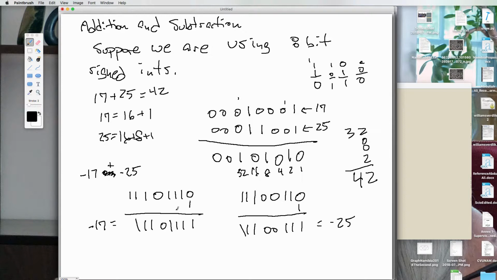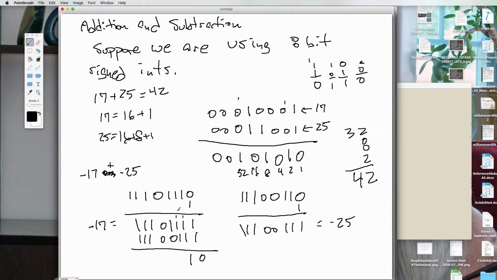And now what I'm going to do is add these together. So I'm going to come over here, 1, 1, 1, 0, 0, 1, 1, 1. So 1 plus 1 is a 0, carry the 1. Here I've got 1 plus 1 is 0, plus 1 is a 1, and I'm going to carry the 1.